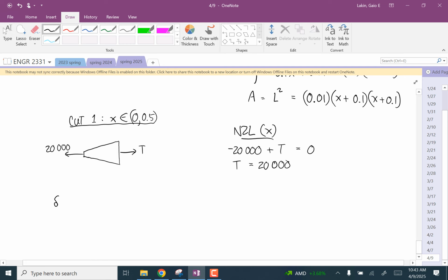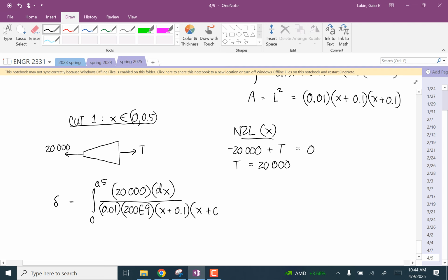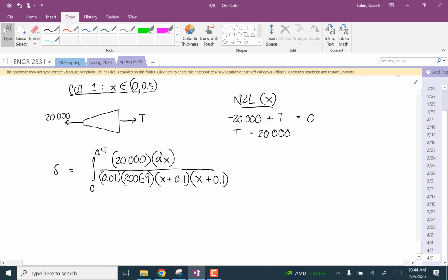So now I can plug this in. Delta is equal to the integral from 0 to 0.5 of 20,000 dx divided by, I pulled out that 0.01, times E, which is 200 times 10 to the 9, times x plus 0.1 times x plus 0.1. I'll simplify all the numbers.